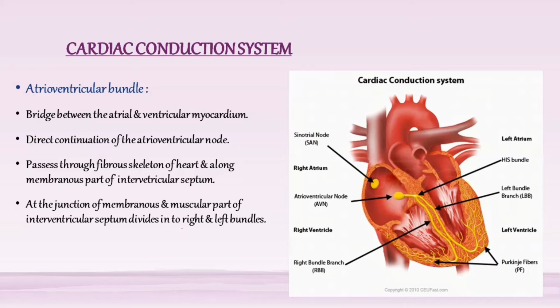This AV bundle passes from the AV node through the fibrous skeleton of the heart and along the membranous part of the interventricular septum. Now for the location of the atrioventricular bundle, you have to remember that it passes through the fibrous skeleton of the heart.